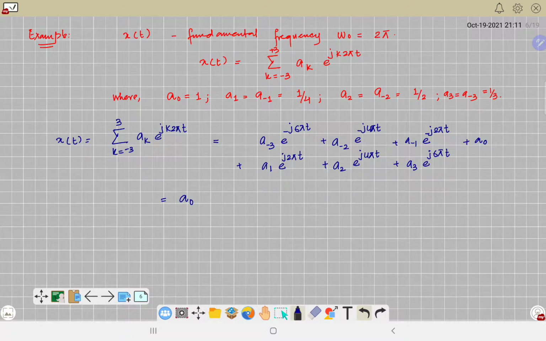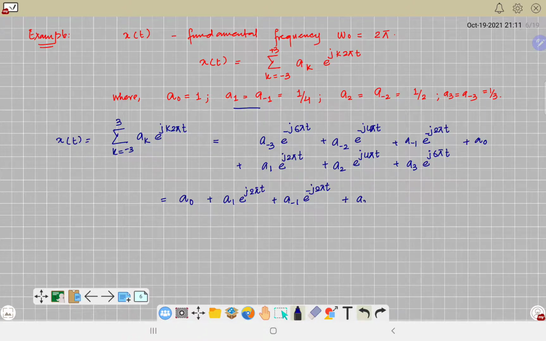I can do a bit of rearranging. I will first have the constant term a0. Then, since a minus 1 is equivalent to a1, जो दिया गया है, I will arrange these terms something like this: a1 e raised power j 2 pi t plus a minus 1 e raised power minus j 2 pi t.